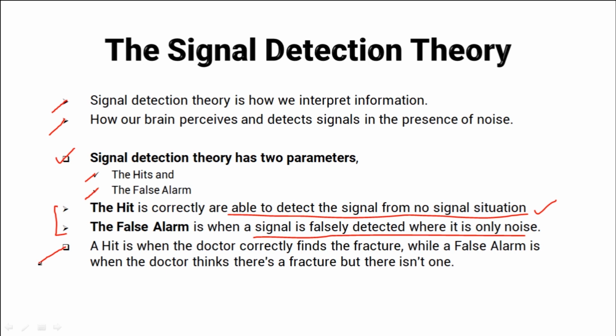In this case, if the doctor is too lenient and says that there is a fracture even when there is no fracture, he may detect more fractures, but it also increases the number of false alarms. So while it may seem like a good thing to detect more fractures quickly, it can also lead to more wrong diagnoses. A conservative doctor conducts multiple tests and analyzes multiple parameters to determine if there is a fracture or not.